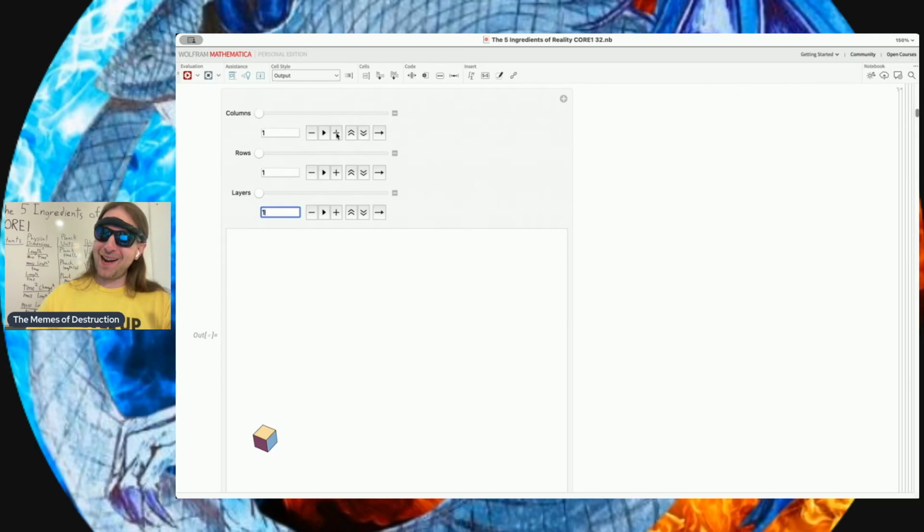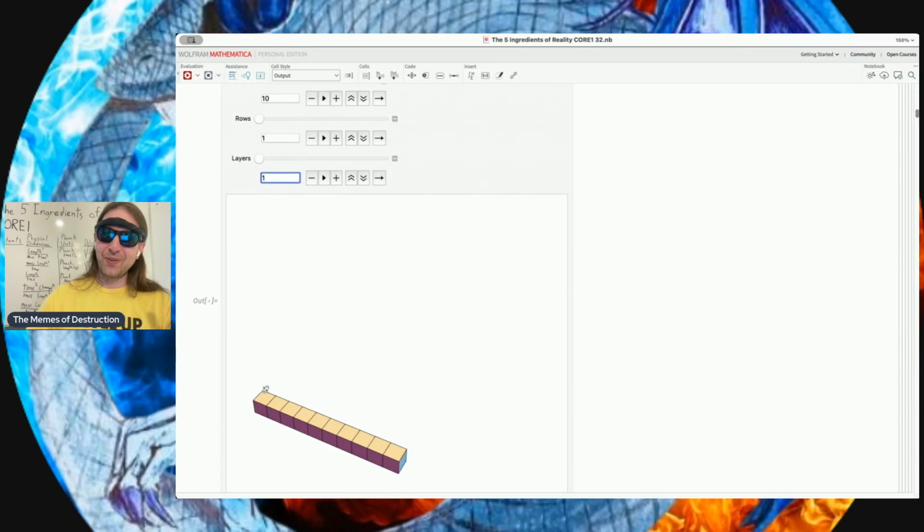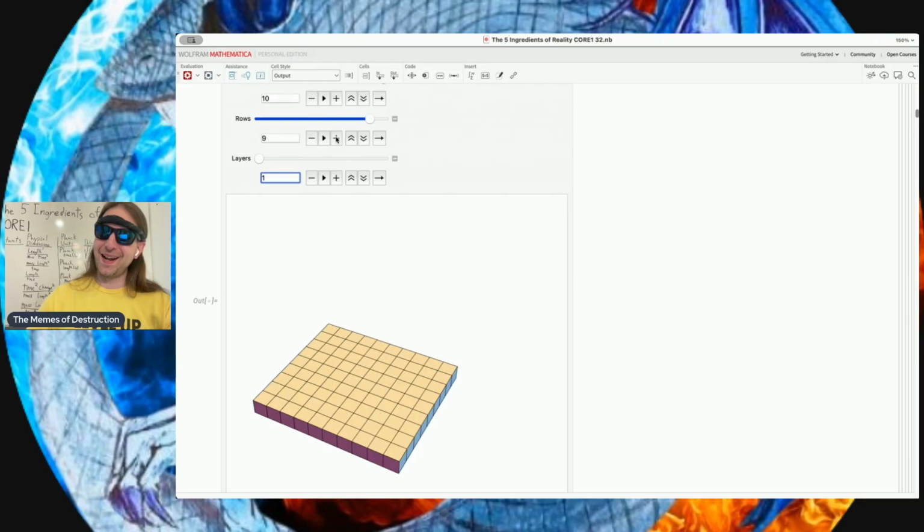We can do the little counting blocks thing that we learned back in elementary school. So we got 1 gram, 2, 3, 4, 5, 6, 7, 8, 9, 10. Okay. So we now have a column of 10. And then we go 20, 30, 40, 50, 60, 70, 80, 90, 100. Great.